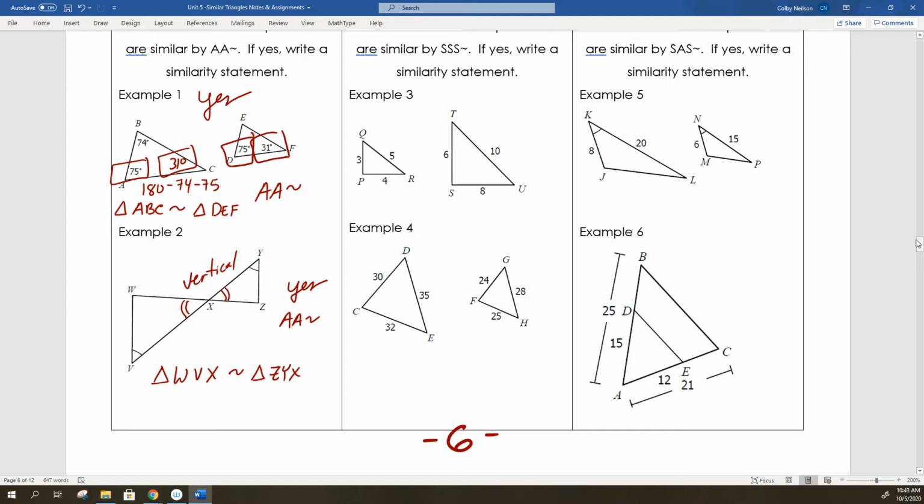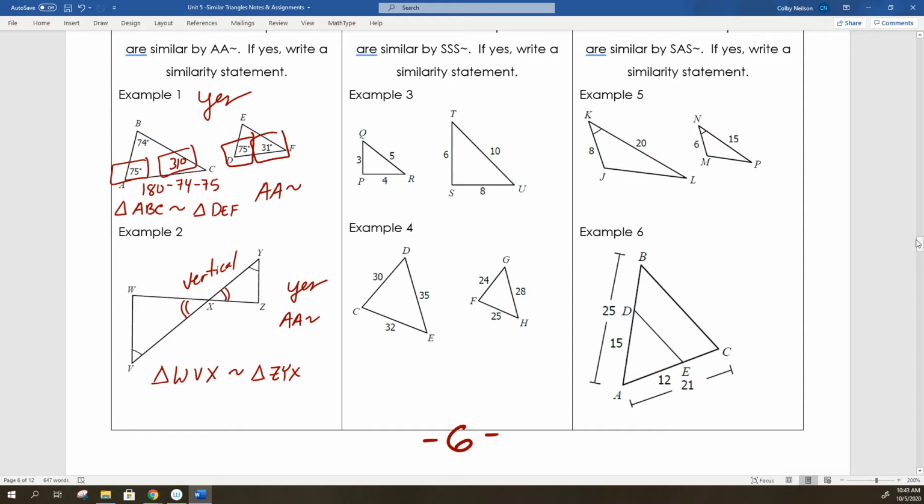Let's see, next one, side similarity. So here I have sides, but I have to make sure the ratios are the same. So I have to make sure that I have the triangles matched up, the correct side with correct side. If it doesn't give me a statement, it doesn't say QPR and TSU or whatever, so I look.